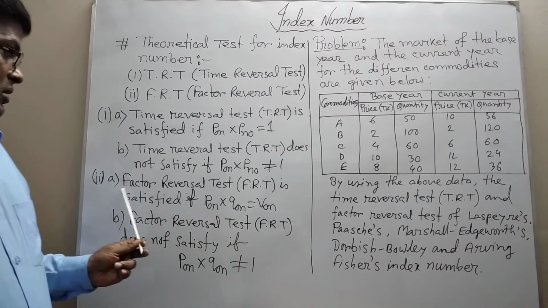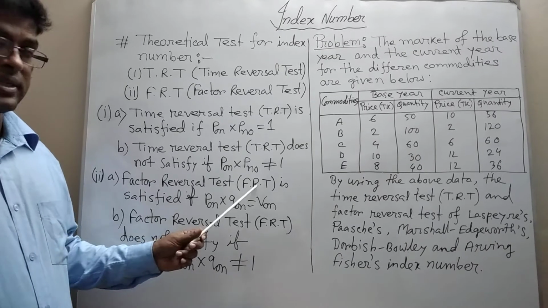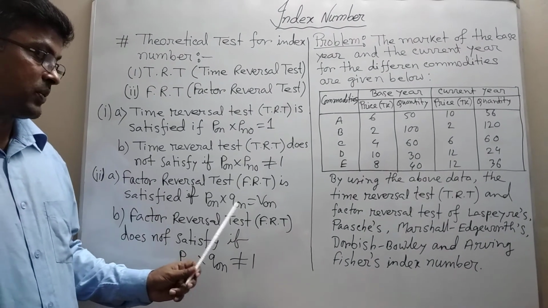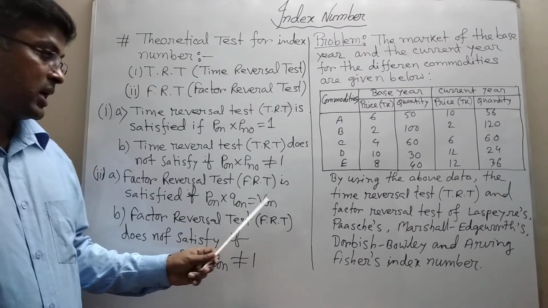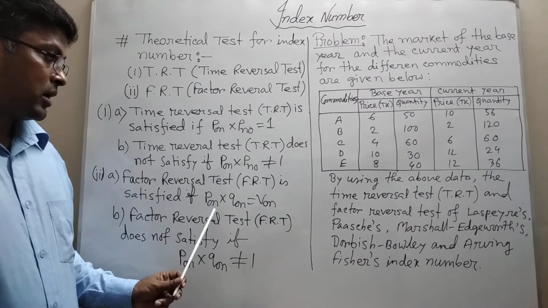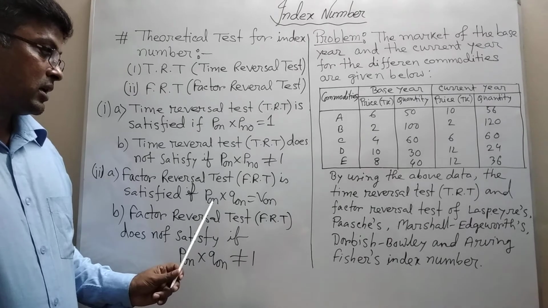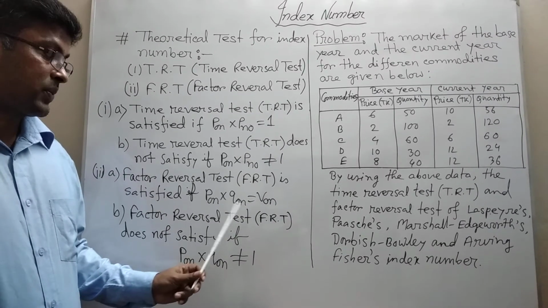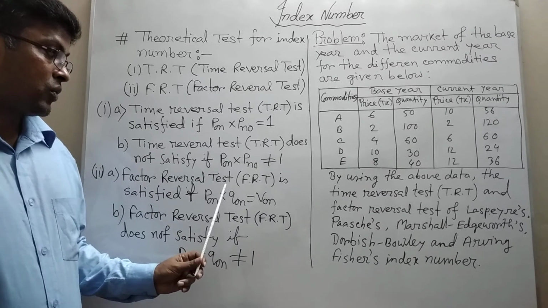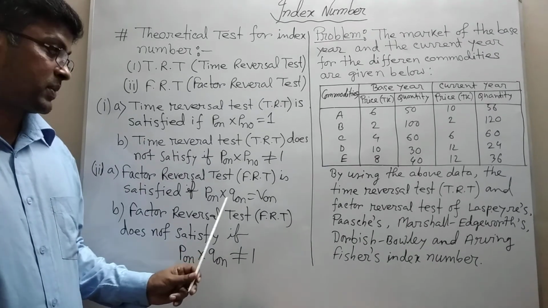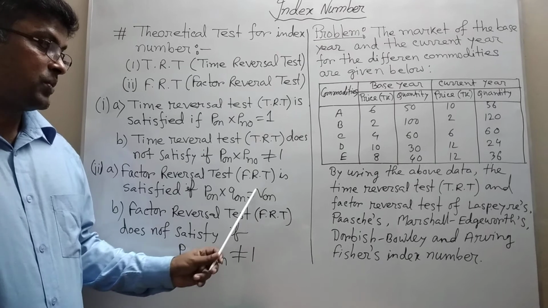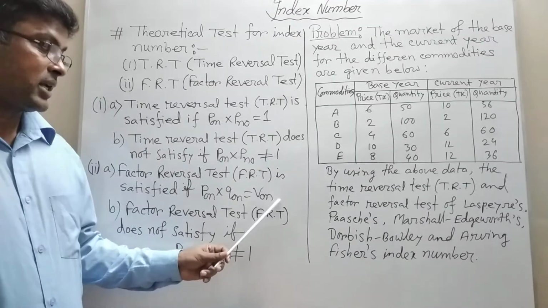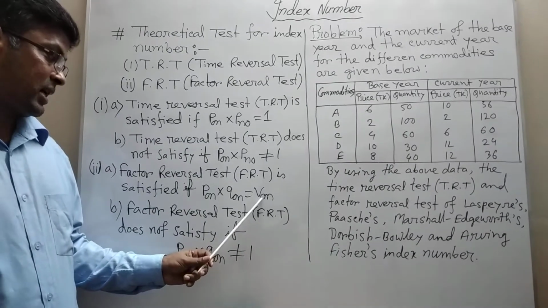Similarly, the factor reversal test FRT is satisfied if P suffix n multiplied by Q suffix n equals V suffix n. Here P suffix n is the price of the current year with respect to the base year, and Q suffix n is the quantity of the current year with respect to the base year, equal to V suffix n, the current value of the current year with respect to the base year.